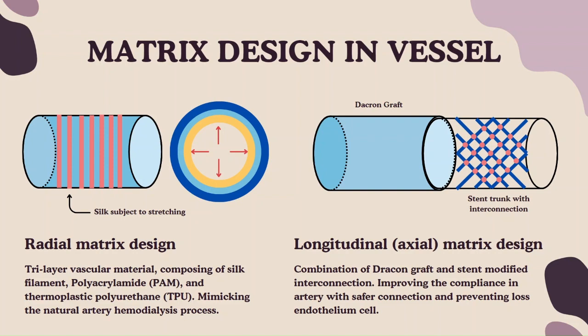This design is composed of 3 layers: silk filament, polyacrylamide (PAM), and thermoplastic polyurethane. These 3 materials allow researchers to have a type of vascular graft that is able to mimic natural arteries when undergoing the cardiac cycle.